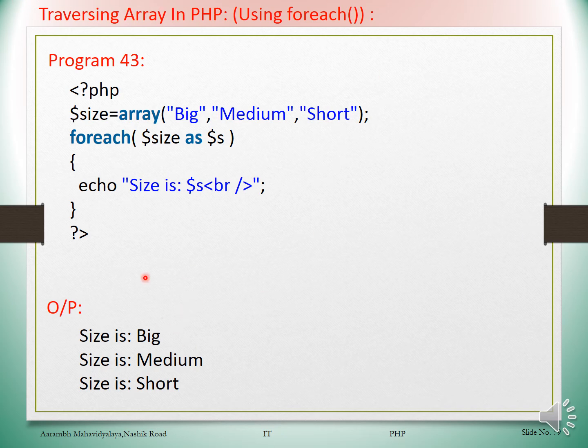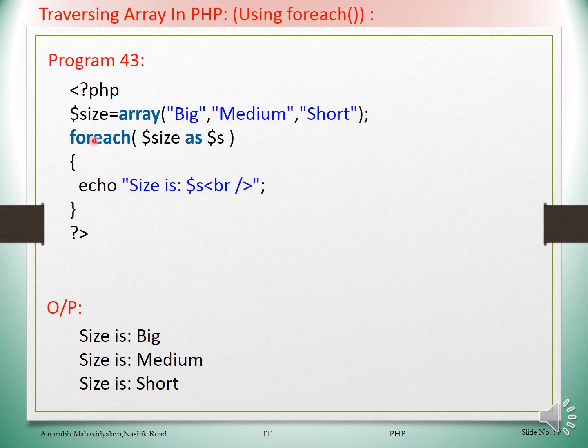When we studied the foreach function, we studied that foreach is mainly used with arrays. Here foreach $size as $s, that means $s is declared as a new variable where all the data from this array, that is big, medium and short, will be stored in this s variable. And now we just have to display this variable as output.